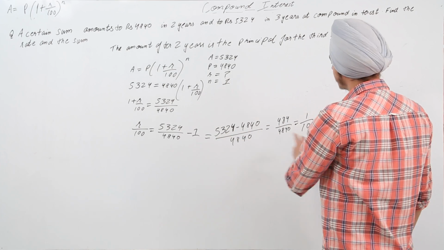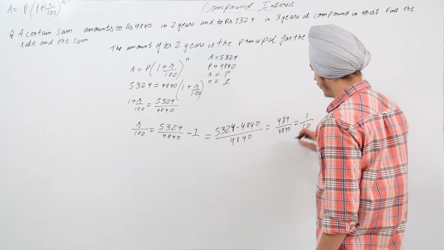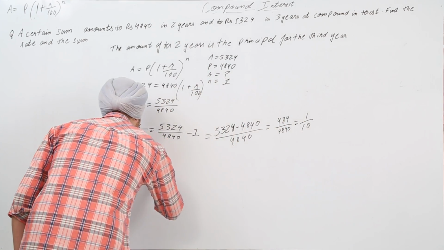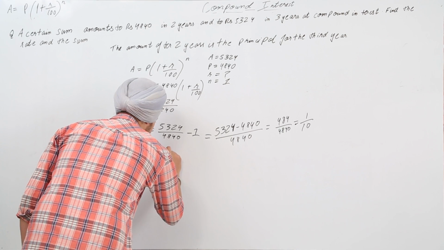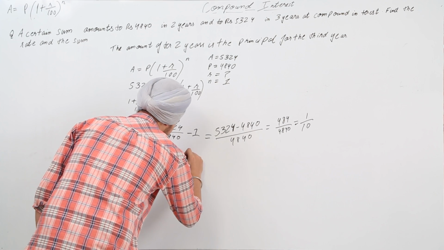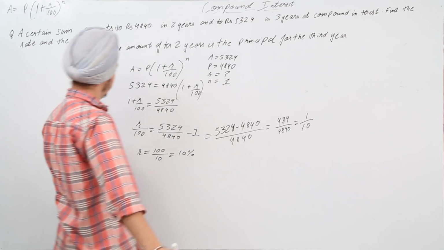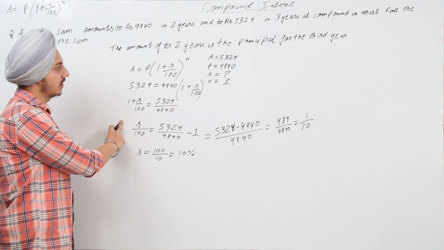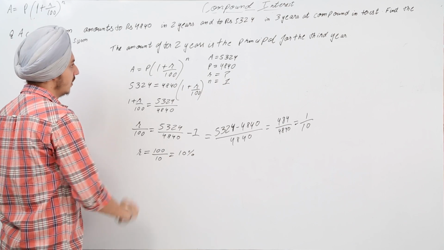So r by 100 is equal to 1 by 10. So r is equal to 100 upon 10, that is equal to 10%. So now we know that the rate of interest is equal to 10%.